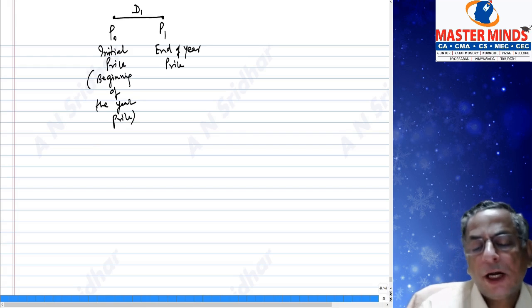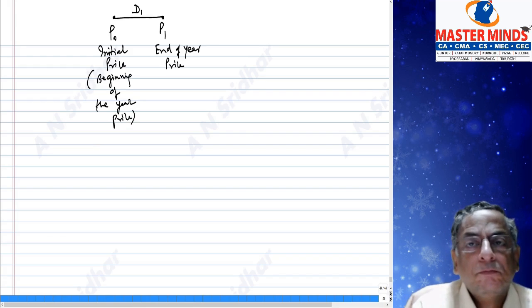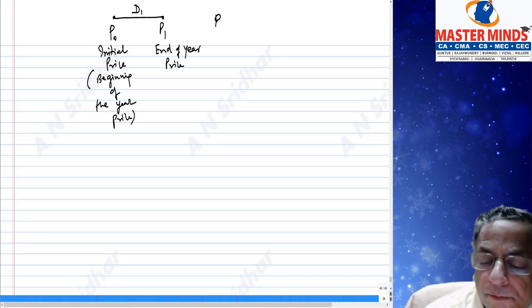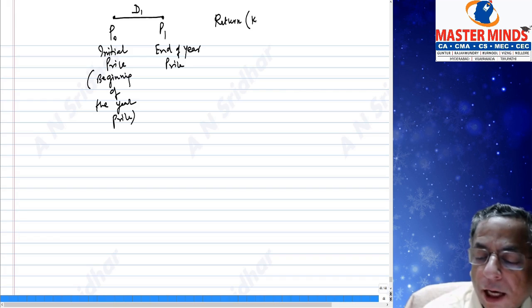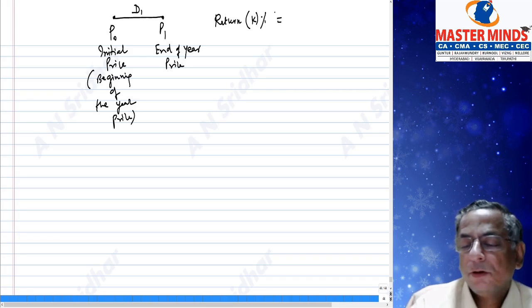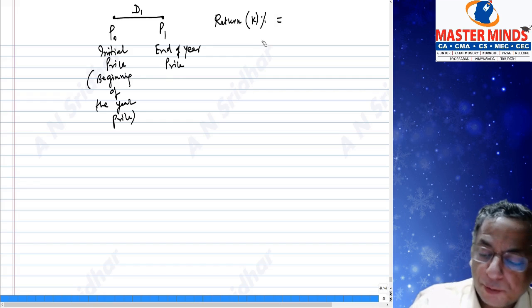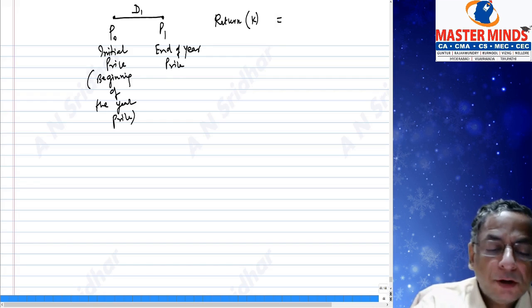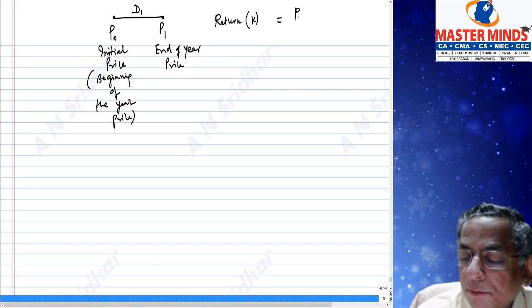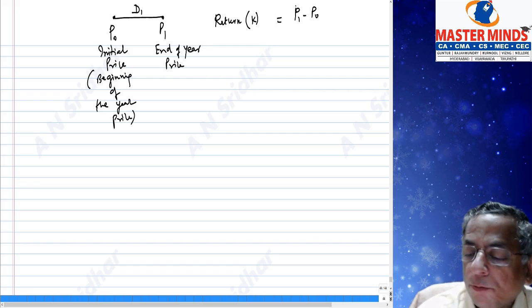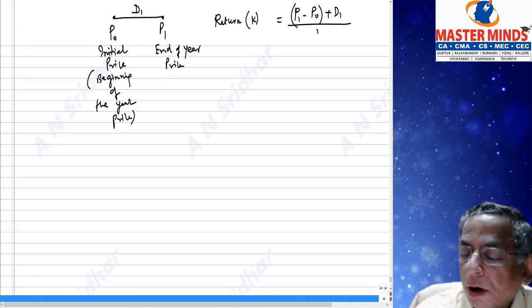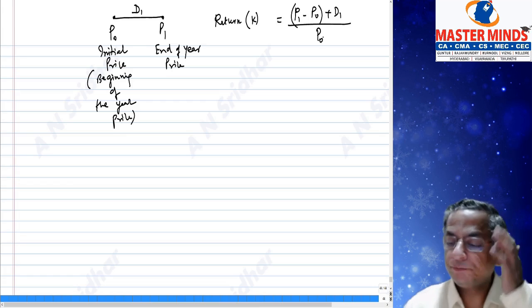Now, how to calculate return? So return, I call it as K percentage, or if I don't want to express in percentage, I can calculate as P1 minus P0 plus D1 upon P0.